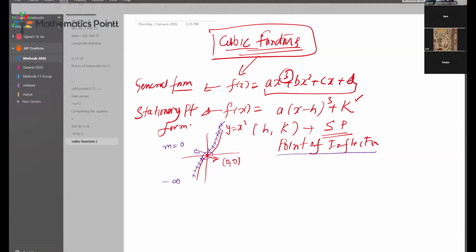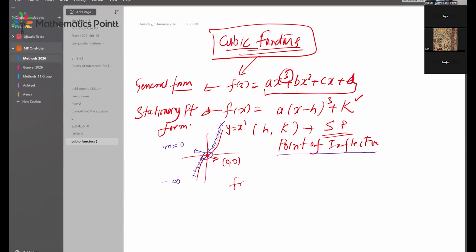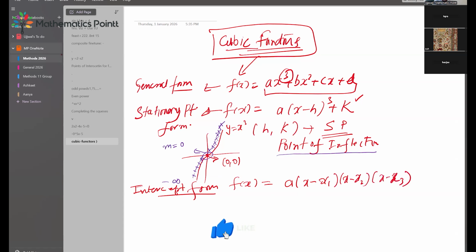Now, this is point of inflection. Then I'll change the color of my pen. And then the third form is called the intercept form. Intercept form is a(x minus x1)(x minus x2)(x minus x3).